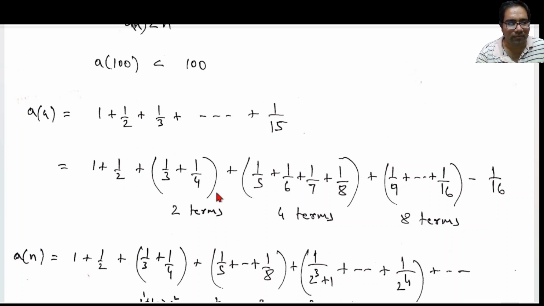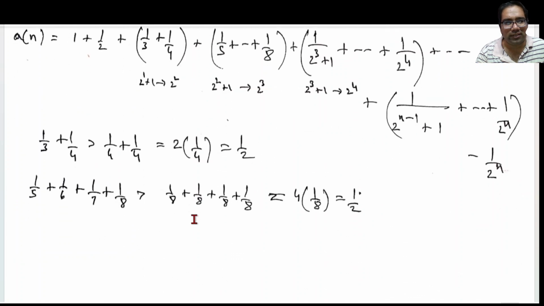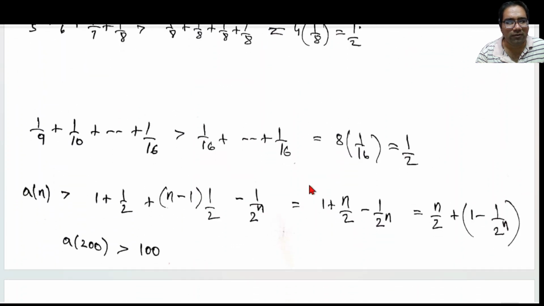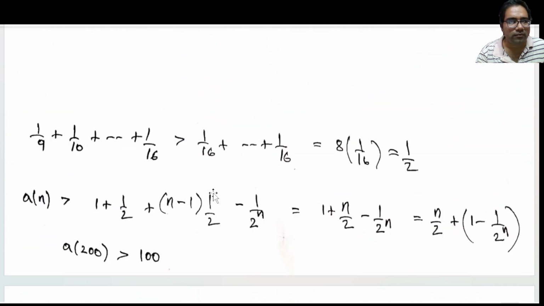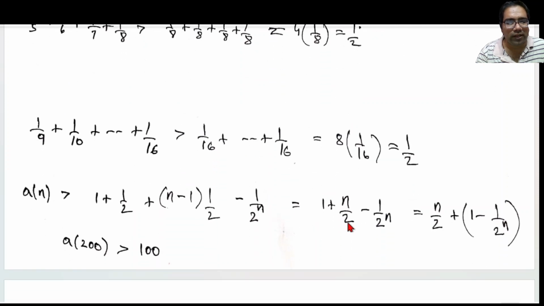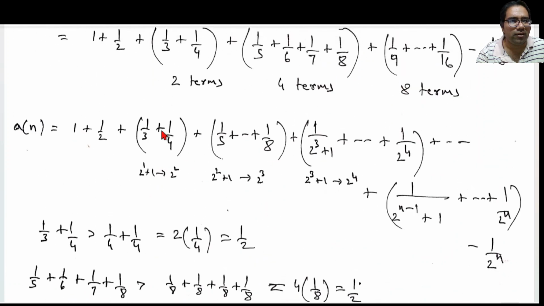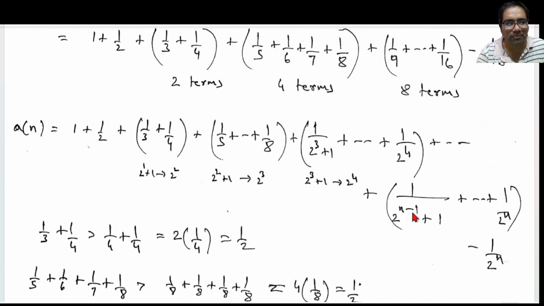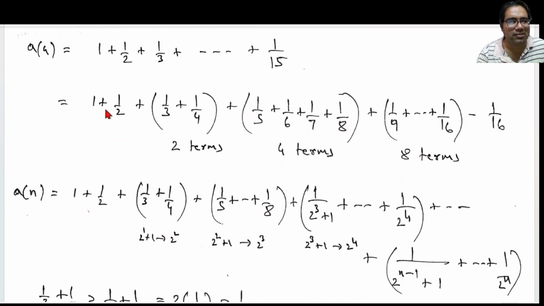4 into half plus 1. 1 is also there. So n into half. Basically 1 plus half plus n minus 1 buckets, or we can say directly, 1 plus half and there are n minus 1 buckets, or you can directly say there are n buckets and 1.